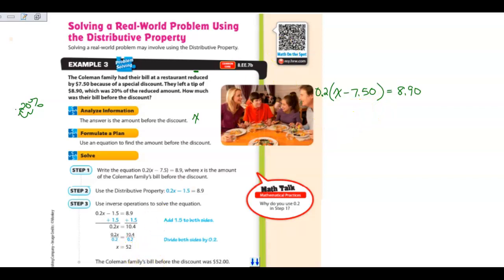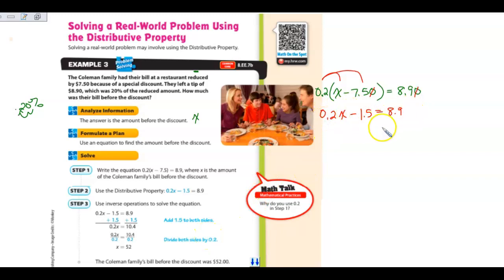So I'm going to distribute my 2/10, and that becomes 0.2 X minus 1.5. I'm going to just go ahead and drop that as 0 for the 50, equals, and then bring down my $8.90, except I'm going to break it down as 8.9. I'm going to go ahead and drop those 2 zeros. I don't need them.